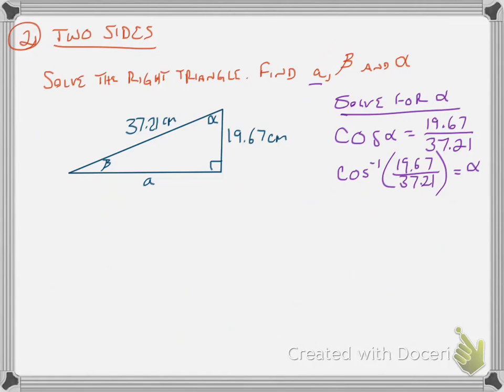When I do that part in the calculator, remember it's normally the second button that you have to use. That becomes 58.0876485, so I have approximately 58.09.